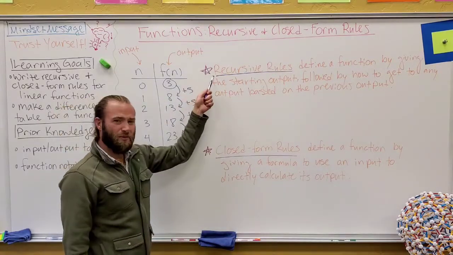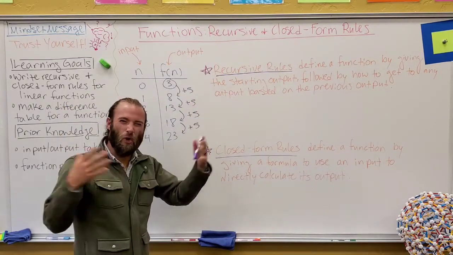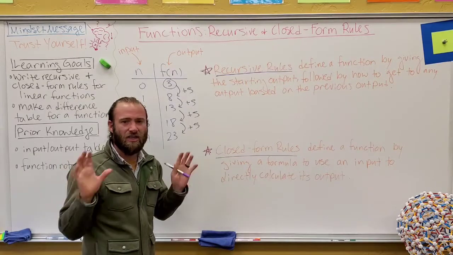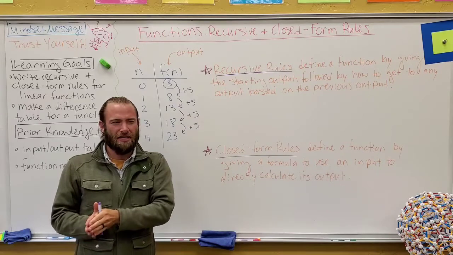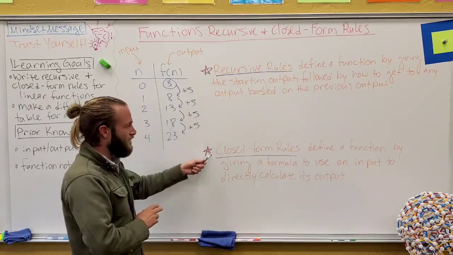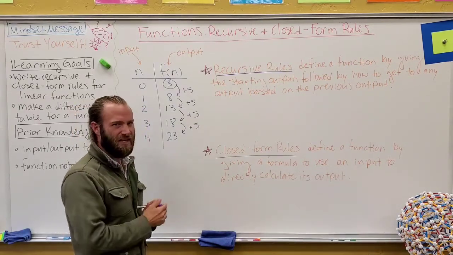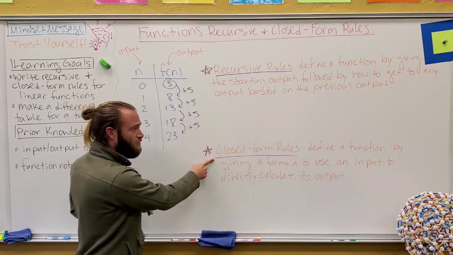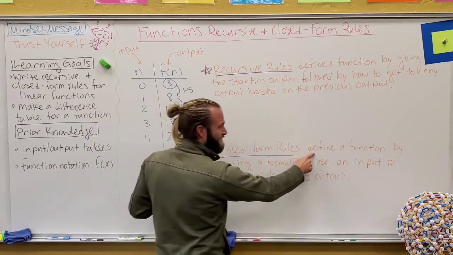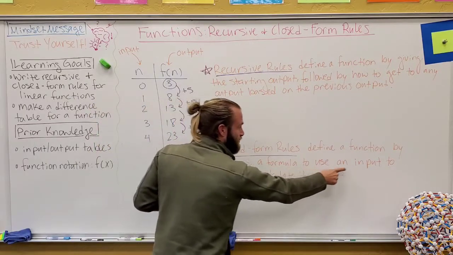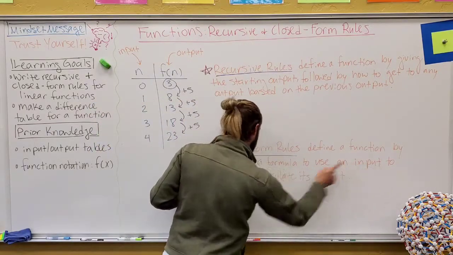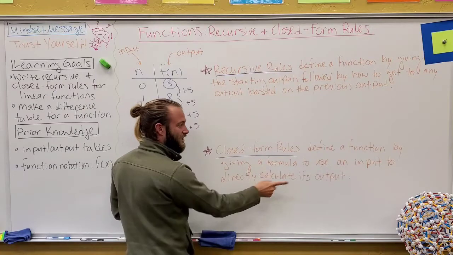And the difference between a recursive rule, because the recursive is almost like open-ended, right? All it says is, how did I get here based on the previous one? But it's not as nice in some ways as a closed form rule. Now, they both have their advantages we'll talk about. But a closed form rule instead defines a function directly by giving a formula to use the input to directly calculate its output.